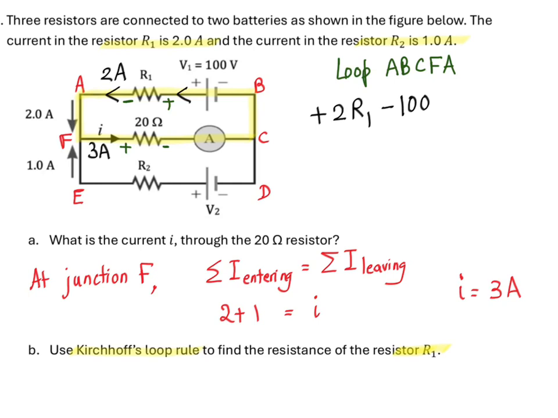Then C to F, we have one resistor, and when we cross it, we reach the positive side of the resistor. So positive, and again remember we need to write the voltage. V is equal to IR, the current is 3 ampere, the resistance is 20, so 20 times 3. Then F to A, we don't have anything, so we finish the equation equal to 0.